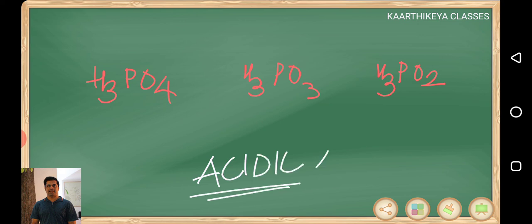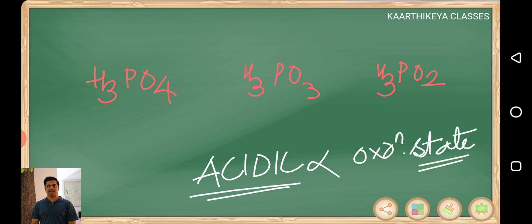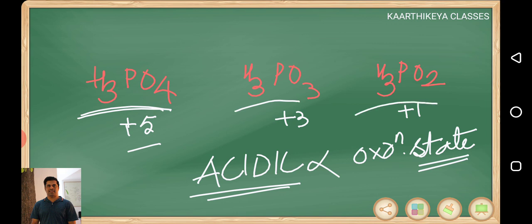In general, we have a common concept that it directly depends on the oxidation state. Higher the oxidation state, higher will be the acidic nature. If you see the oxidation state, this is +5, this is +3 and this is just +1. Based on the oxidation states, what we feel is H3PO4 is going to be more acidic than H3PO3 than H3PO2.